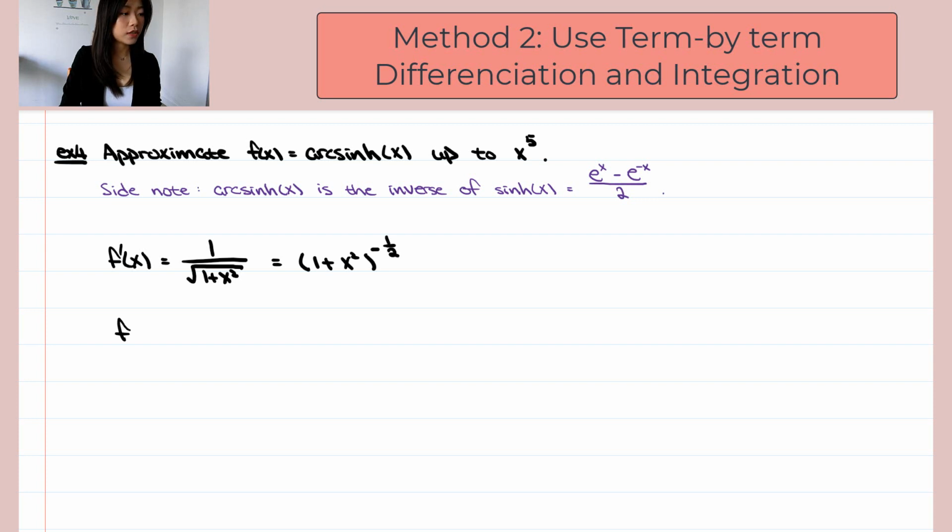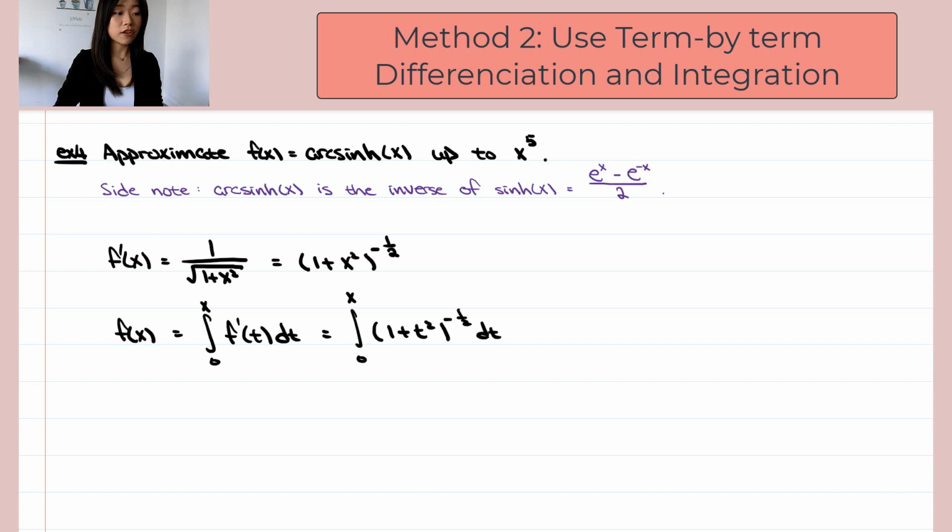So the function, by the fundamental theorem of calculus, equals the integral of f prime. And let's define another variable t, integrated from 0 to x. So this equals the integral of 1 plus t squared to the power of negative half, integrated from 0 to x. And the integrand is a binomial function with k equals negative half and x equals t squared.